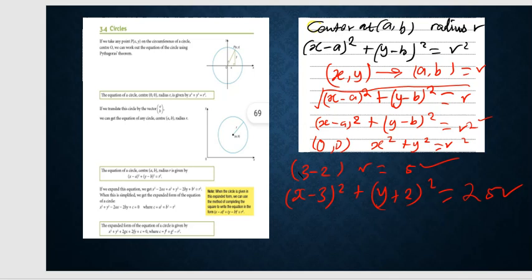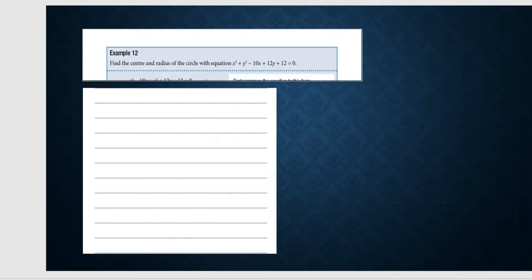So let's look at now some examples. Find the center and radius of the circle with the equation x squared plus y squared minus 10x plus 12y plus 12 is equal to 0.